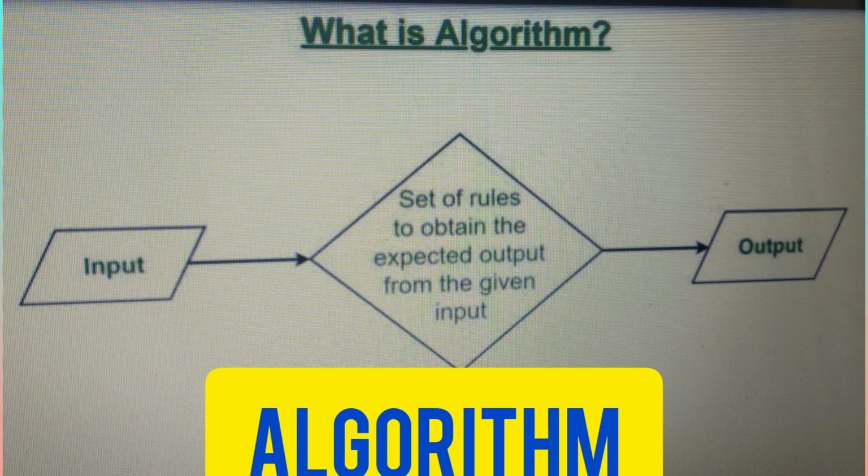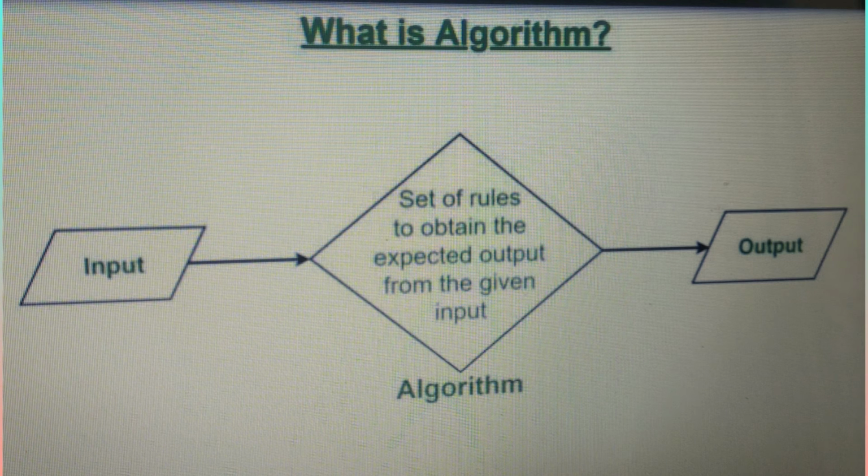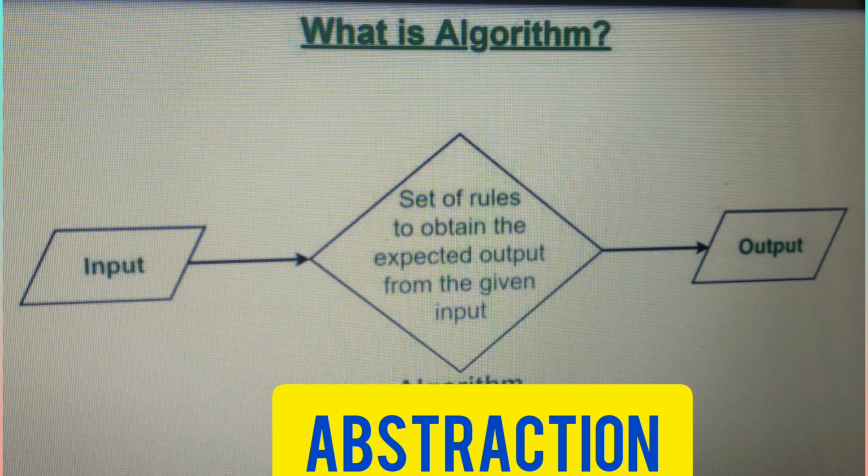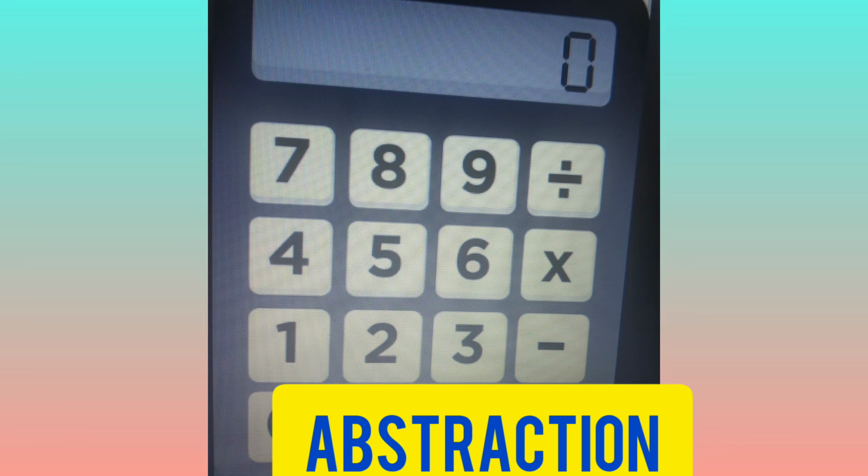And last is abstraction. What is abstraction? This is a new thing for you. Abstraction. The word abstraction is very important. Just for example, suppose we consider the example of a calculator. You all know that a calculator can be used for particular operations, that is addition, subtraction, multiplication, division, all this.